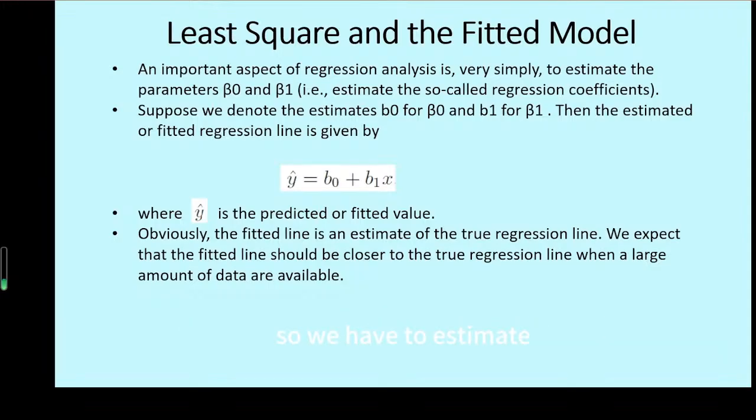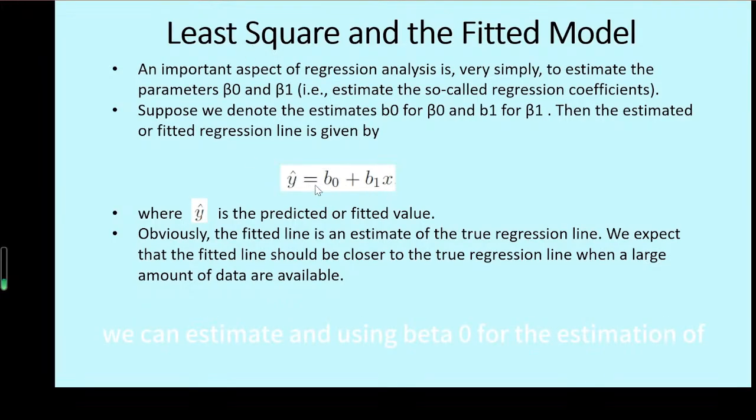So we have to estimate these two parameters. All we know is the observed value of y and the deterministic value of x, right? So from these values, we can estimate this regression line.